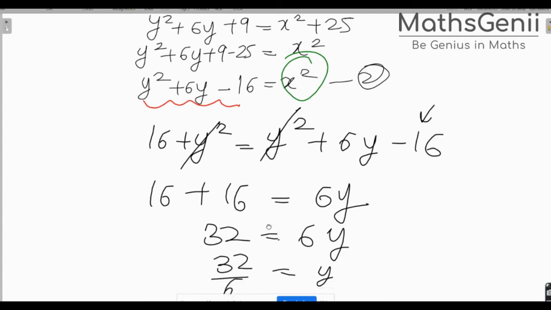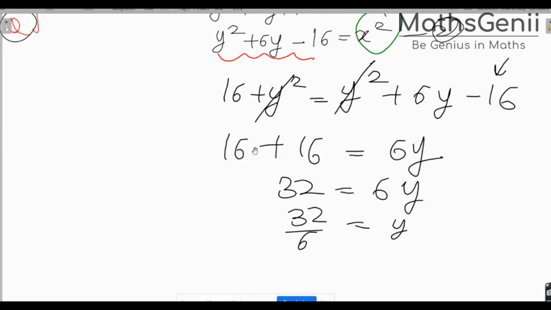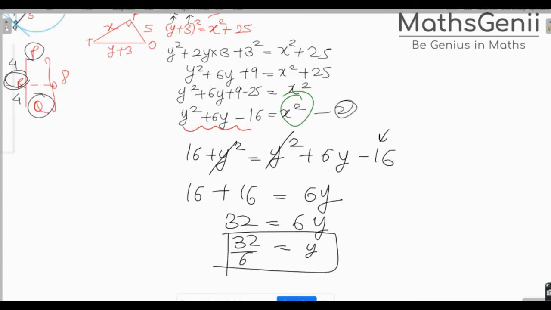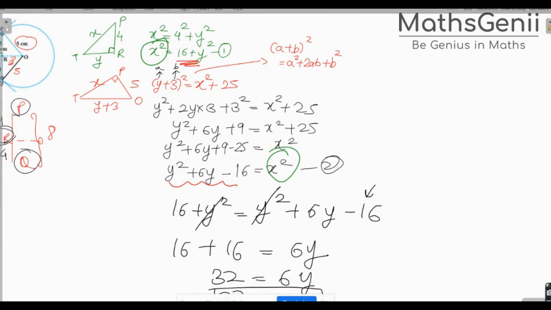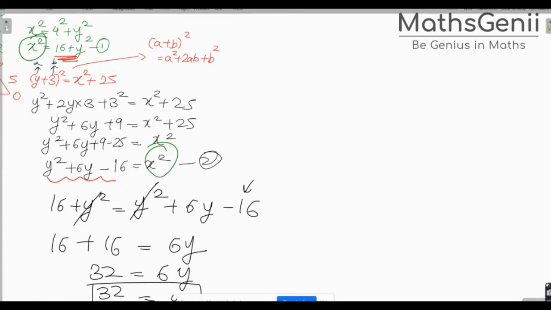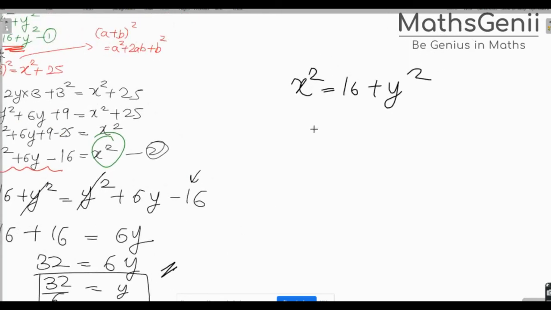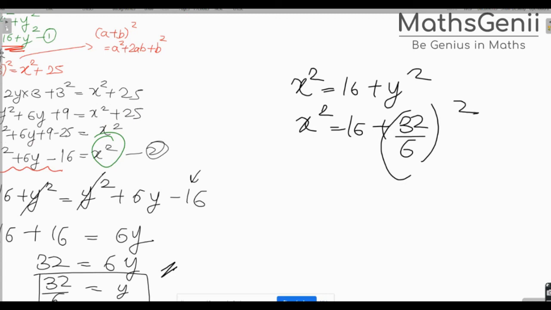Y is not what we had to find. We had to find x. So now I have the value of y. I'm going to substitute it in any of the equations you feel like. So this is the easier equation, equation 1. I'm writing it again. I already got y. What is the value of y? 32 upon 6. 32 upon 6 the whole square.